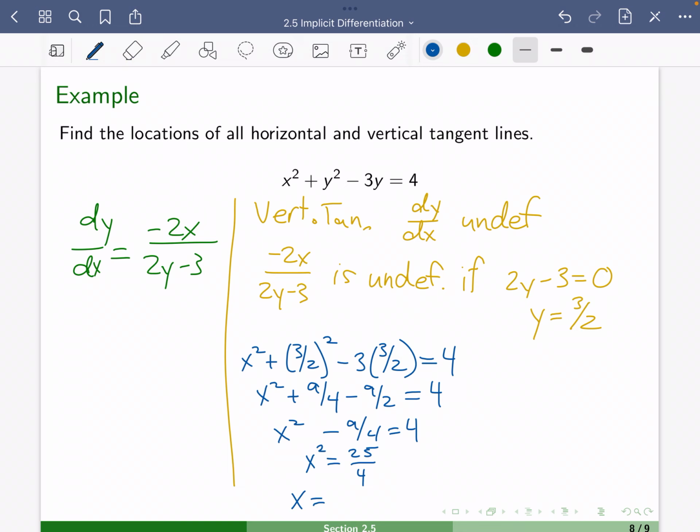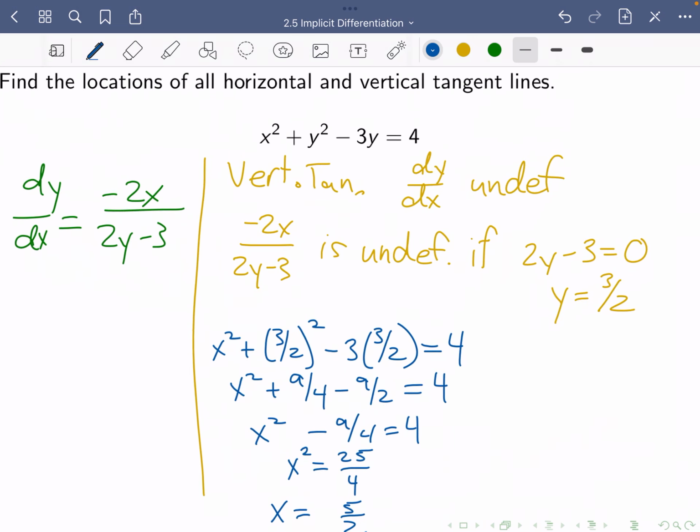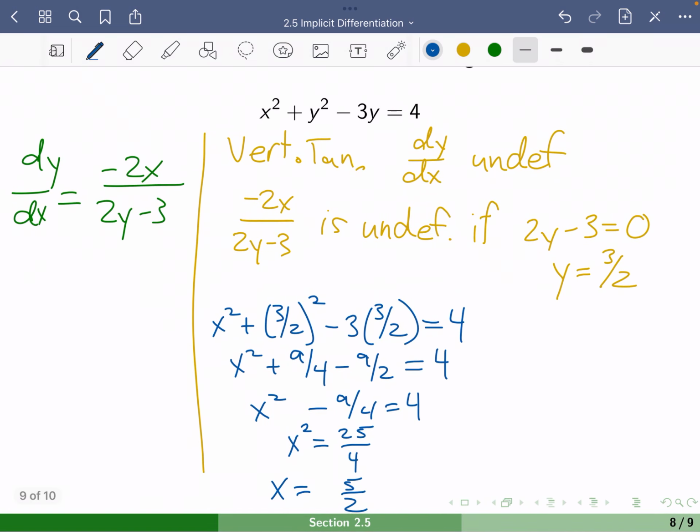Take the square root, and we will get 5/2. However, whenever we impose a square root, we should pick up both the positive and negative square root. So we get positive and negative 5 over 2.